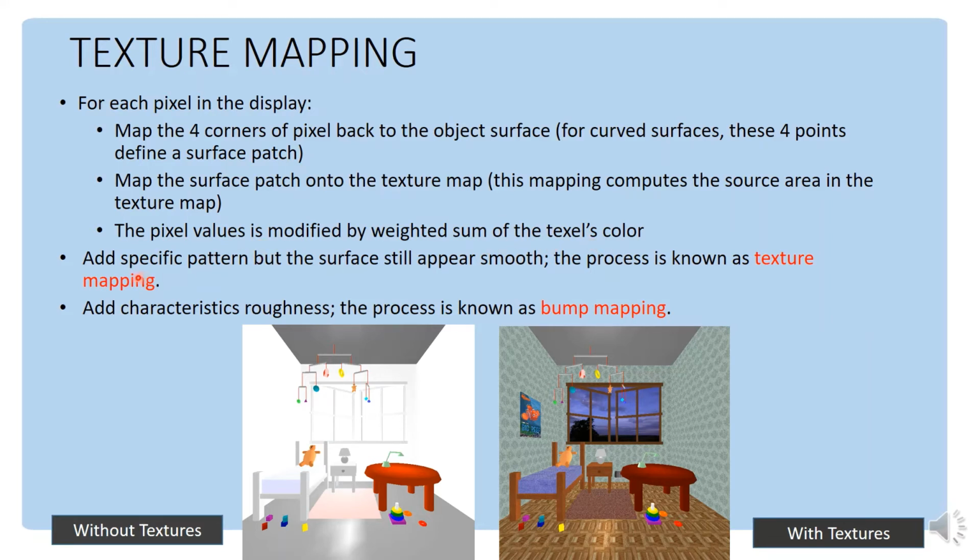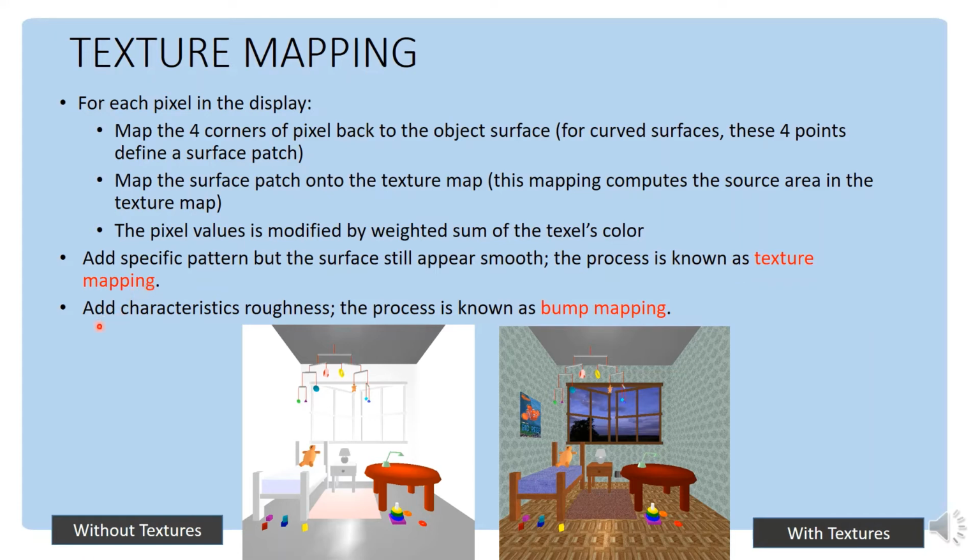By adding a specific pattern while the surface still appears smooth, this process is known as texture mapping. Whenever we add a specific pattern to the object but the surface of that object still appears smooth, we call this process texture mapping.